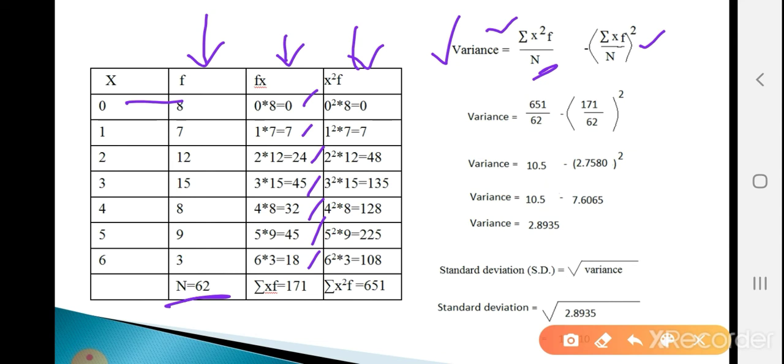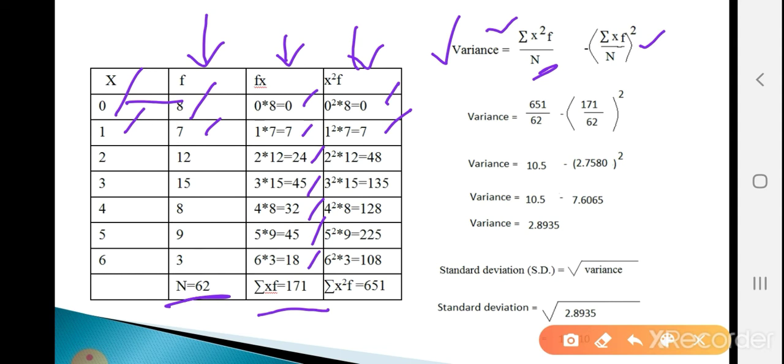Okay. So take the total of column f into x. Here we get summation x into f, so the total is 171. Now make the last column x square into f. What is meant by x square into f? Squaring the values of x and then multiplying by the corresponding value of f. So 0 square into 8, that is 0. Then 1 square into 7, that is 7.